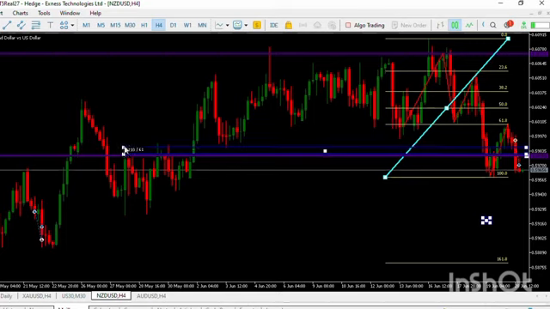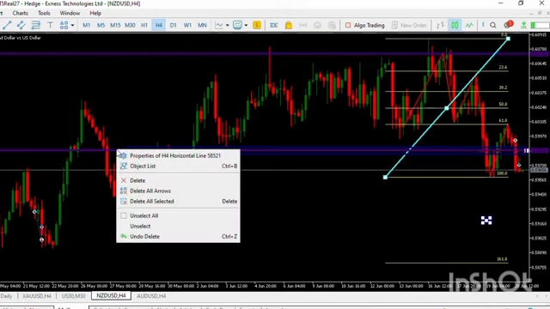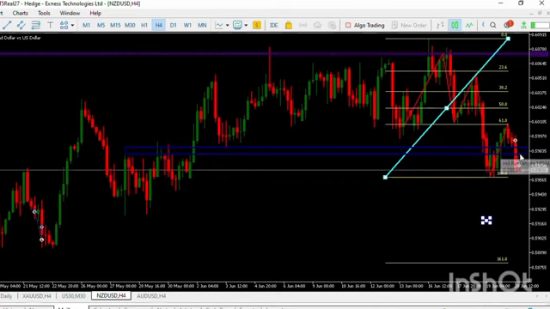You can see previous action has actually taken place here. So in as much as it doesn't bounce above this box, then it is still valid, and it will continue shooting downwards.